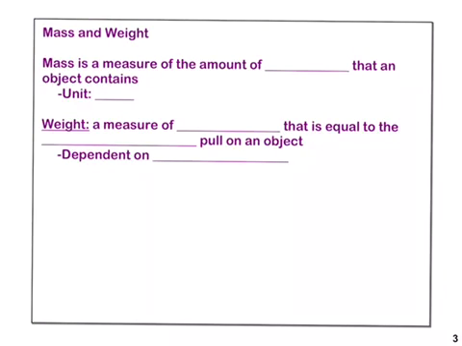Mass and weight. Mass is the measure of the amount of matter that is in an object, and our SI unit is kilograms. Weight is a measure of force that is equal to the gravitational pull.